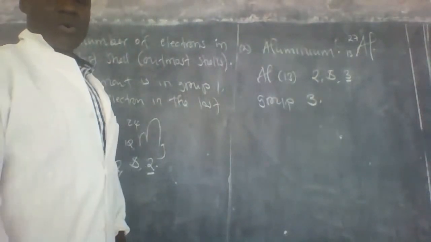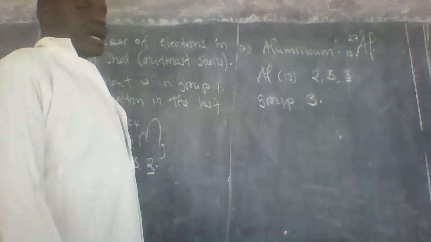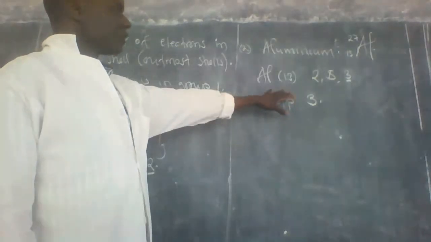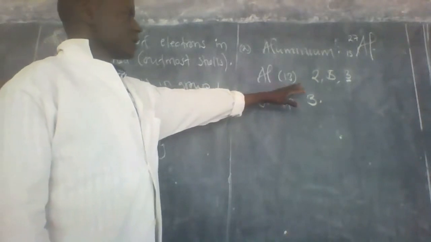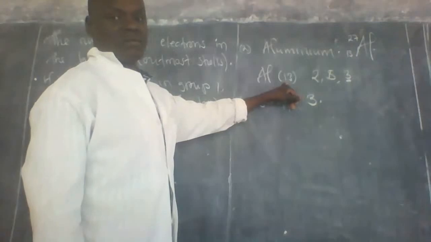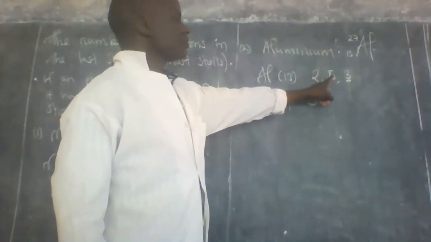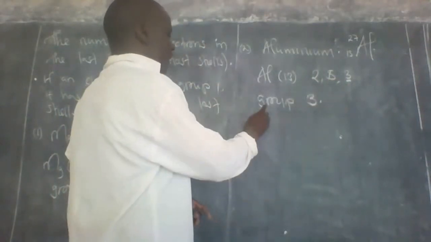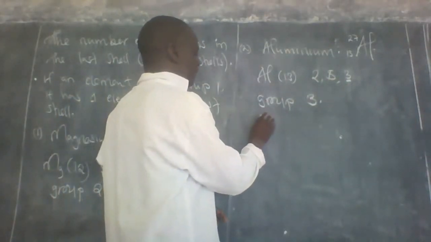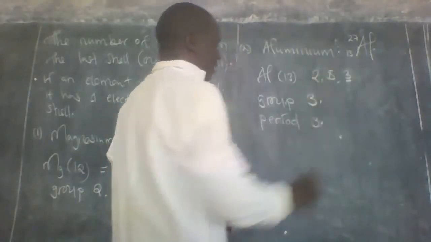That is how we can tell the group where an element is found as well as the period. If you include the period now, we can tell how many shells are occupied by the 13 electrons of aluminium, and these shells are 3: first shell, 2, 3. So we are likely to see aluminium in period 3.